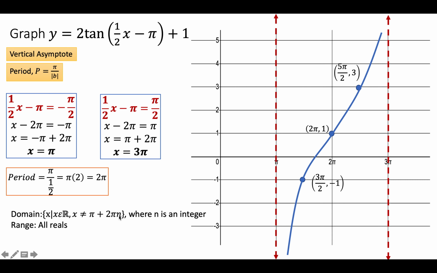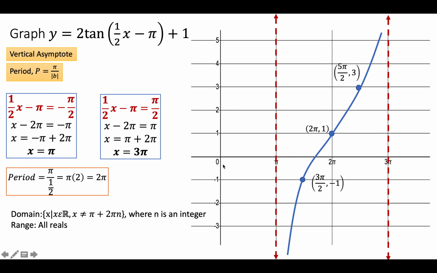Okay? For example, one period. So let's say n is equal to 1. 2 pi times 1 is 2 pi plus pi equals 3 pi. So there, 3 pi really is not part of our domain. What if n is equal to 2? So we're now dealing with two periods, right? 2 times 2 pi, which is two periods, is 4 pi plus pi equals 5 pi.